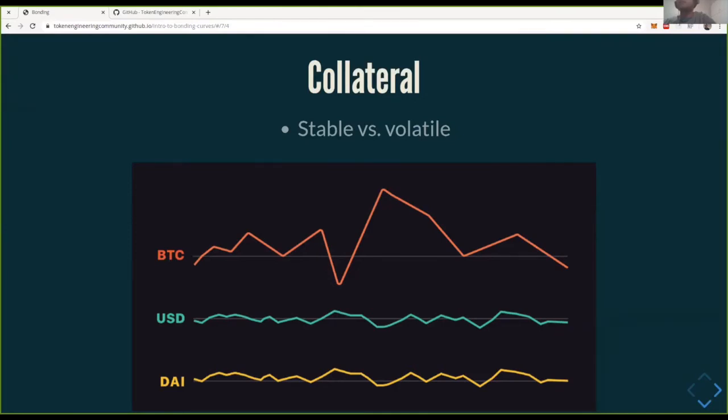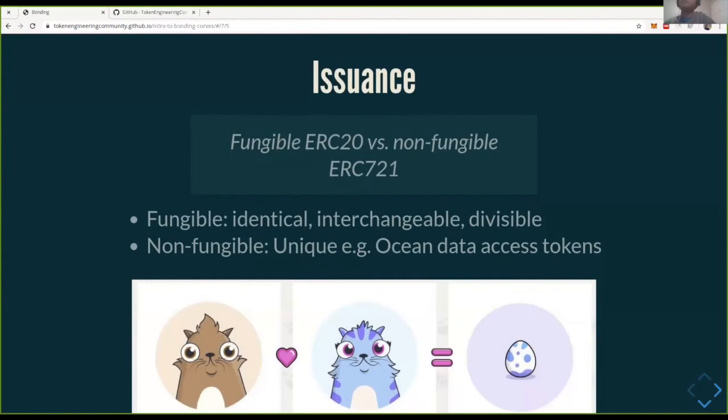In the case of a curation market, you would probably want to rather use DAI, which is a stable, US dollar tethered token. And also, one of the questions that came up earlier was fungible and refungible tokens. And this is, once again, a parameter that you would be able to choose.